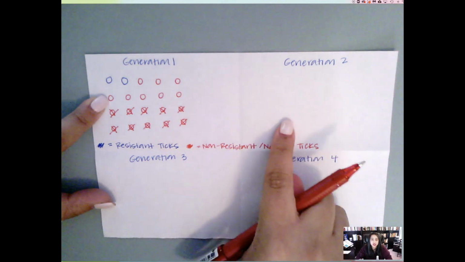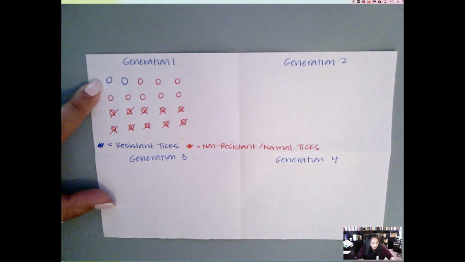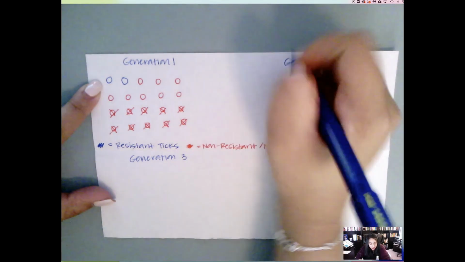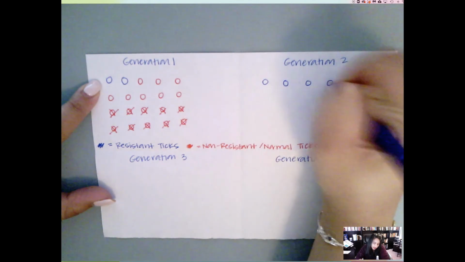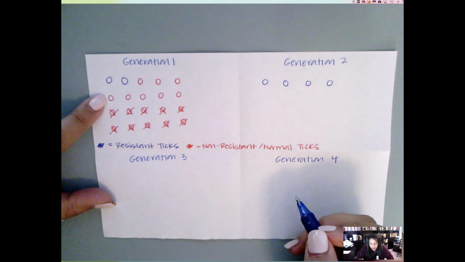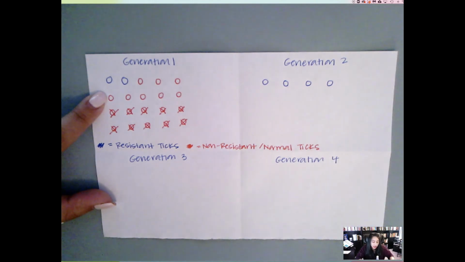So in generation 2, we're going to double these guys. So if we have 2 blue or 2 resistant ticks, 2 times 2 is 4. So we're going to draw 4 resistant ticks. Okay. And then we have 8 non-resistant ticks surviving. So we're going to double those. So we should have 16 in generation 2.